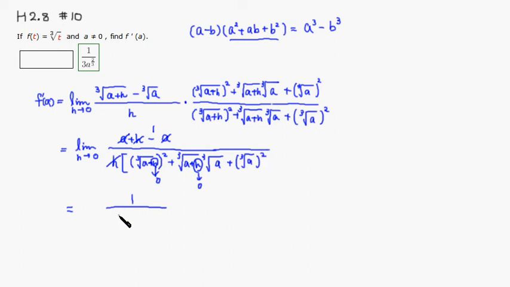So you're going to have 3 times, because you have 3 of the same thing, and each one is cube root of a squared. So it's going to be cube root of a squared. And also you can, if you want, write it as 1 over 3 times a to the, cube root is a 1/3 power. Then you're squaring it, so it's a 2/3 power.